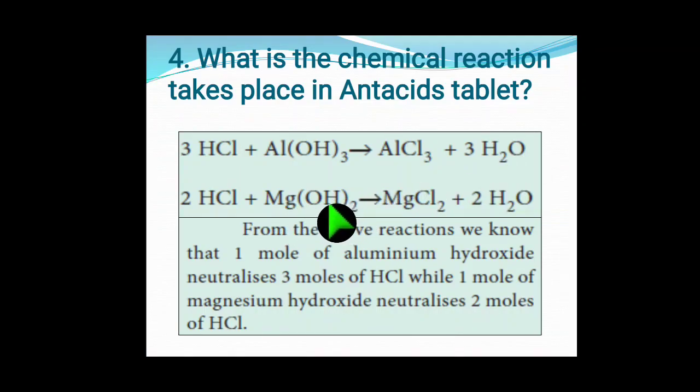Magnesium hydroxide reacts with 2 moles of hydrochloric acid to give magnesium chloride and 2 moles of water. So from the equations, we know that 1 mole of aluminum hydroxide reacts with 3 moles of hydrochloric acid, and 1 mole of magnesium hydroxide reacts with 2 moles of hydrochloric acid.